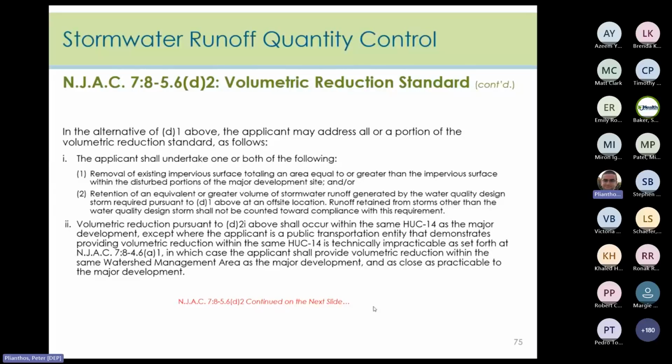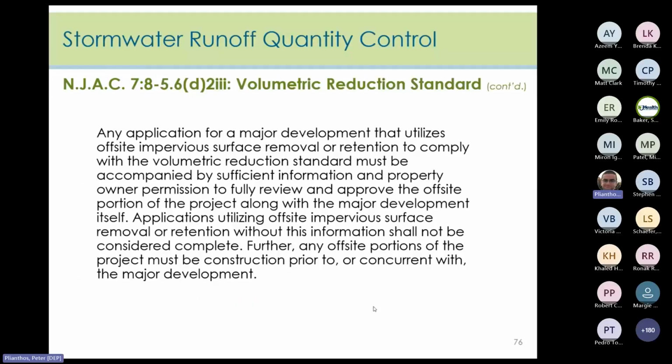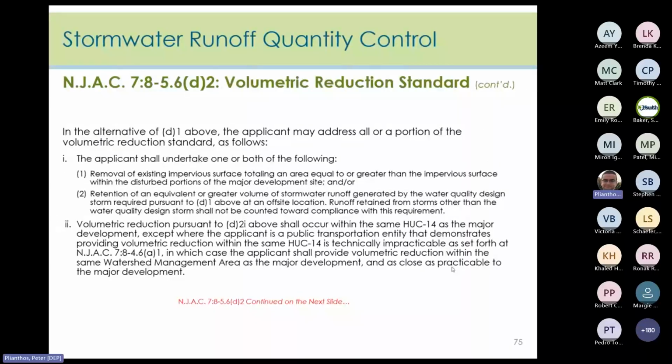Under D2, the applicant shall undertake one or both of the following. 1, removal of impervious surface. The applicant can remove existing impervious surfaces. The total area removed must be equal to or greater than the impervious surface within the disturbed portions of the major development site. This helps reduce the amount of stormwater runoff generated by the development.